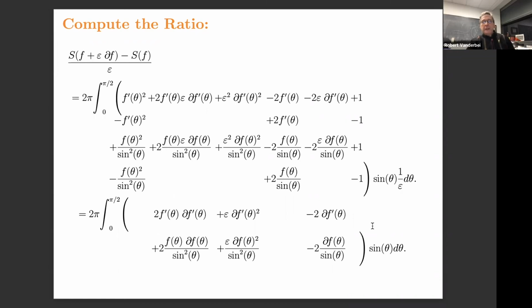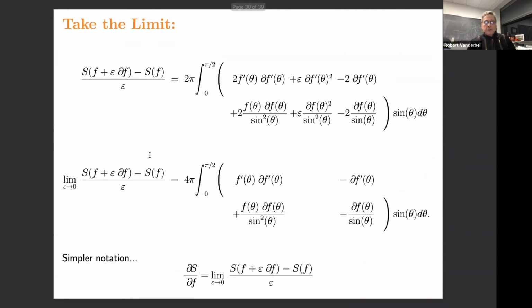And now we want to take the limit as epsilon goes to 0. So here, I just rewrote the previous line, and now we're just taking the limit as epsilon goes to 0. And okay, that just gets rid of these two things here. And so we can rewrite this, well, it's just these 4 terms now.